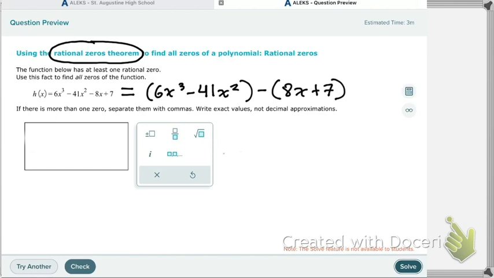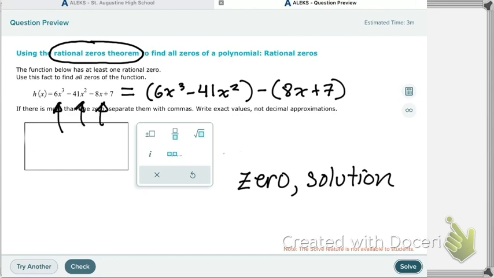And remember, every time I say the word zero, that means solution. And every time I say solution, that means that if I plug in that value of x into the expression, it will equal 0. Okay, so keep that in mind.